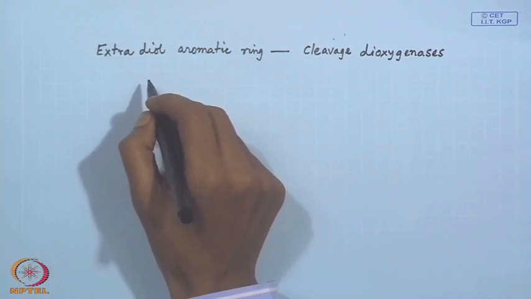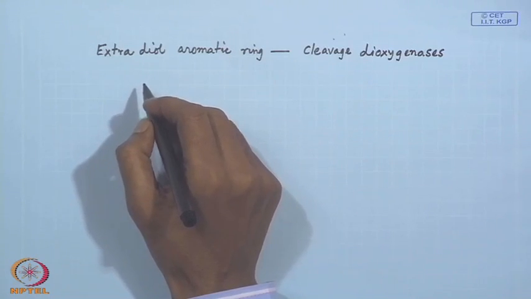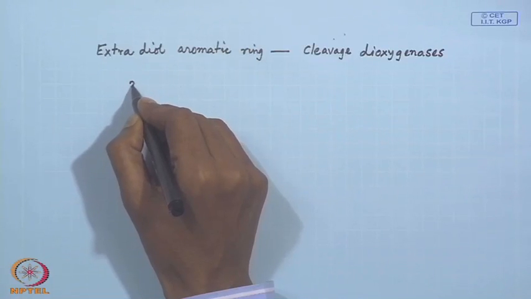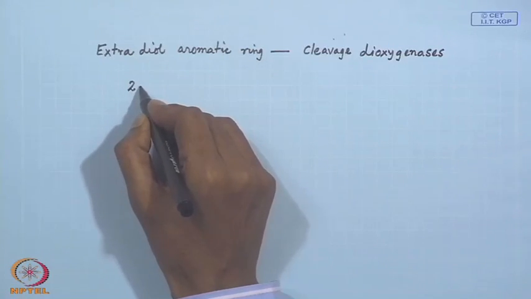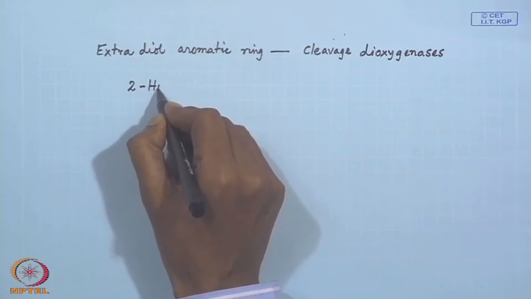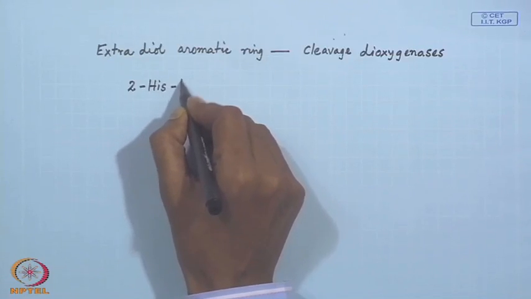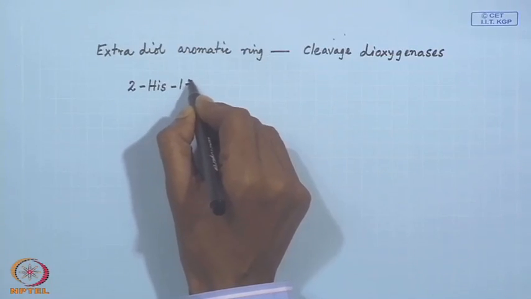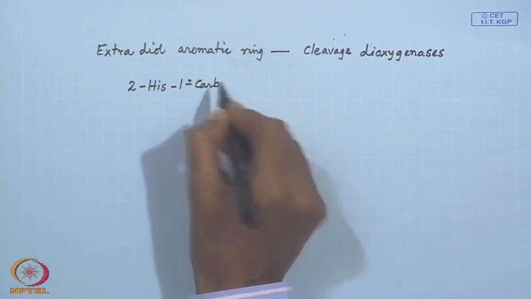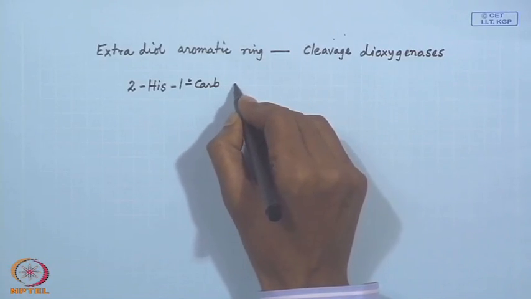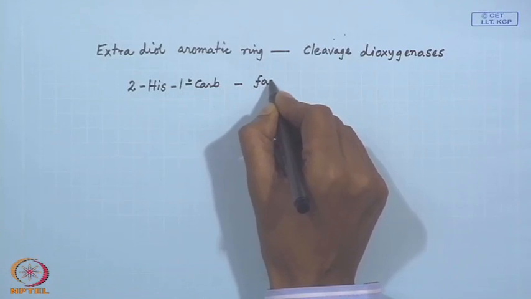So, they are very good reagents in that way, and the ligand environment we are talking about is 2 His 1 carboxylate type and is basically a facial one.